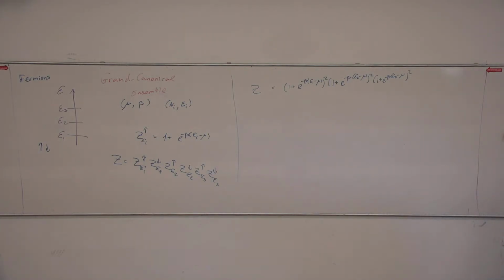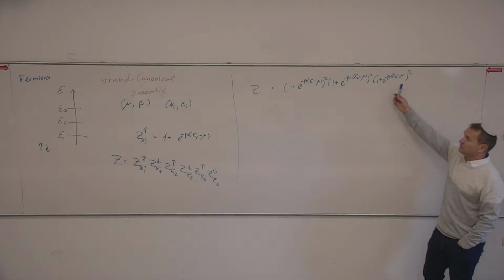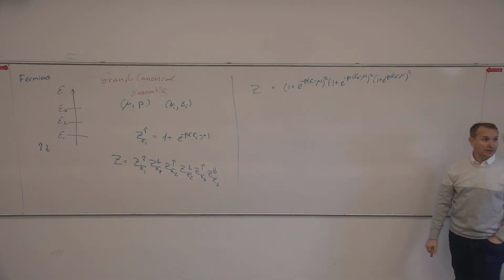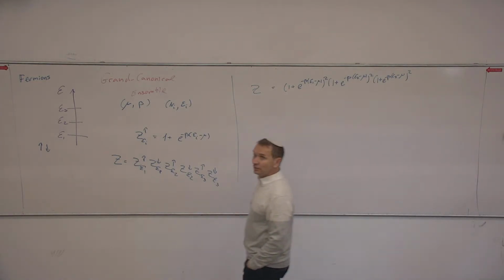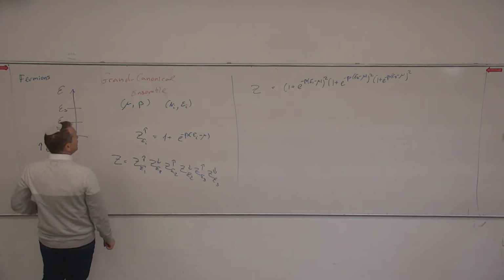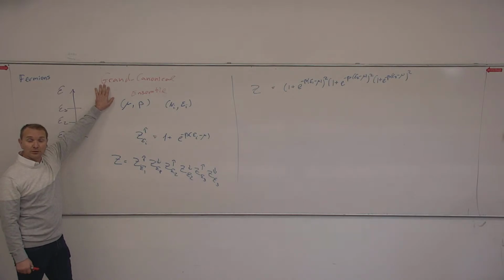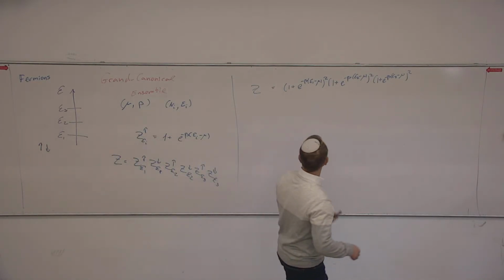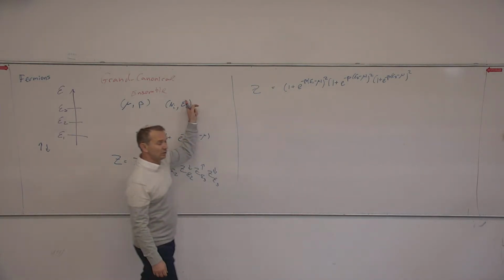Now, the moment that we have the partition function, all the thermodynamic quantities are obtained by using the thermodynamical potential that is associated with the grand canonical ensemble. And we know what the grand thermodynamical potential is.